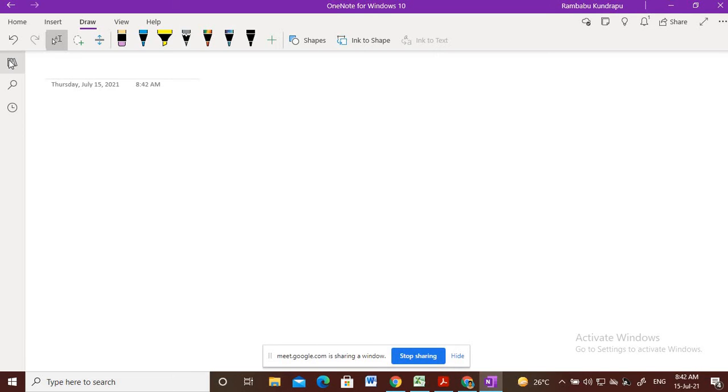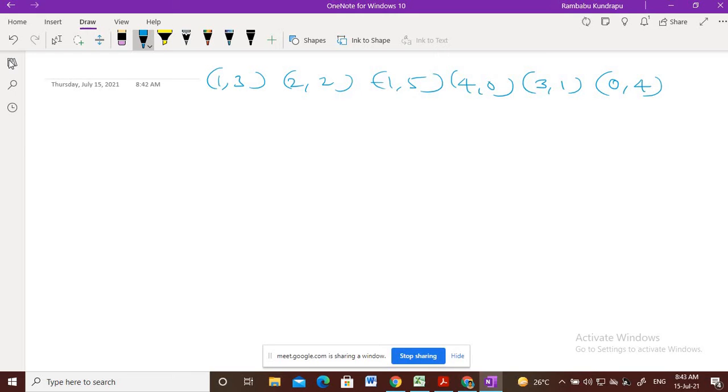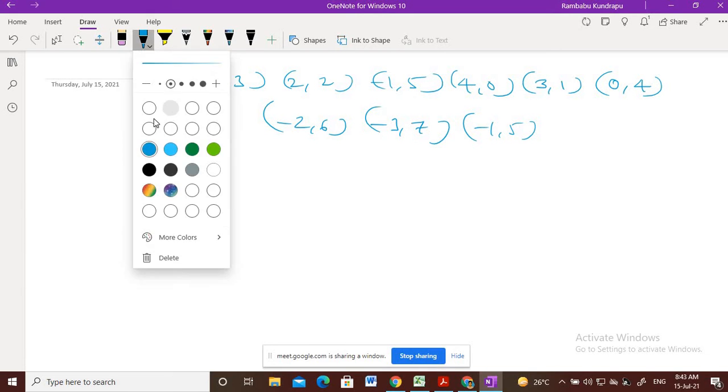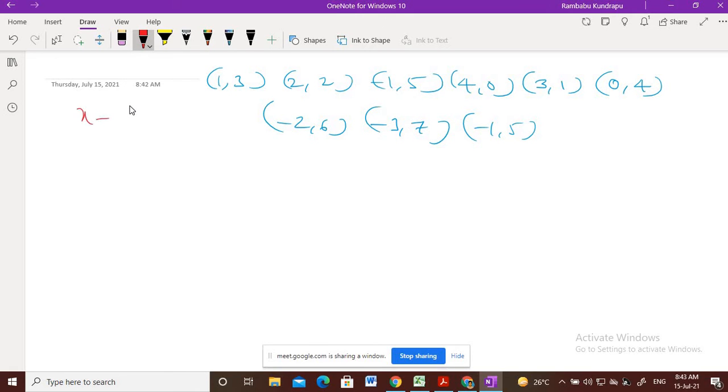See, what are the points? 1, 3, 2, 2, minus 1, 5, 4, 0, 0, 4, minus 2, 6, minus 3, 7. There are infinite number of solutions for the equation x plus y is equal to 4.